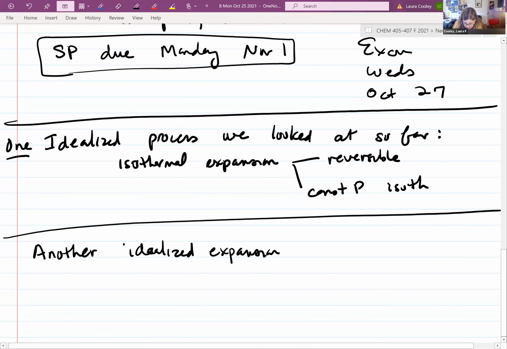So in the isothermal expansion, the delta U is equal to 0. The temperature is constant. So the other idealized expansion is the adiabatic expansion.